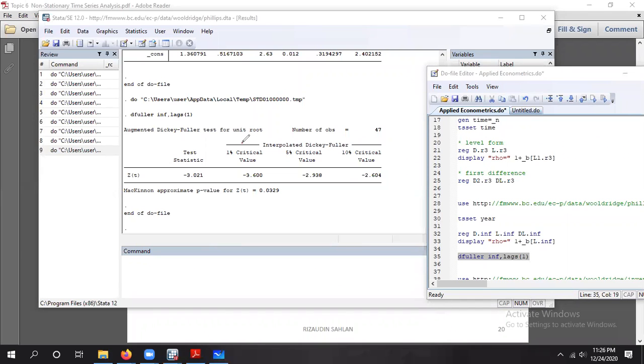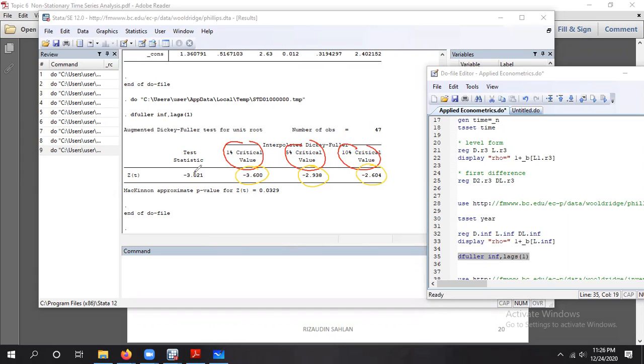Look, this one is the 1%, 5%, and 10%. This is the critical value for 1%, this critical value for 5%, and this is the critical value for 10%.